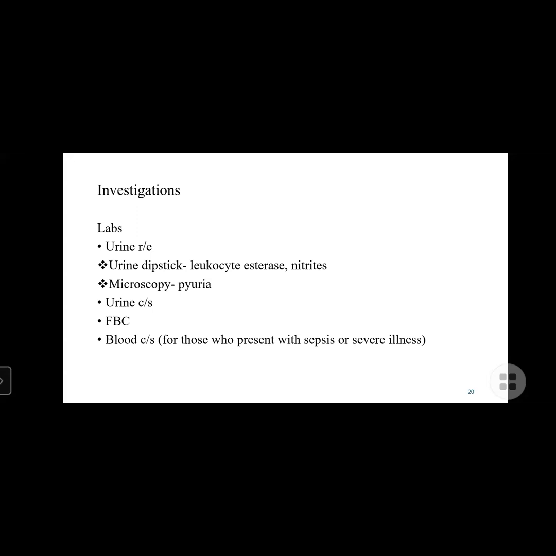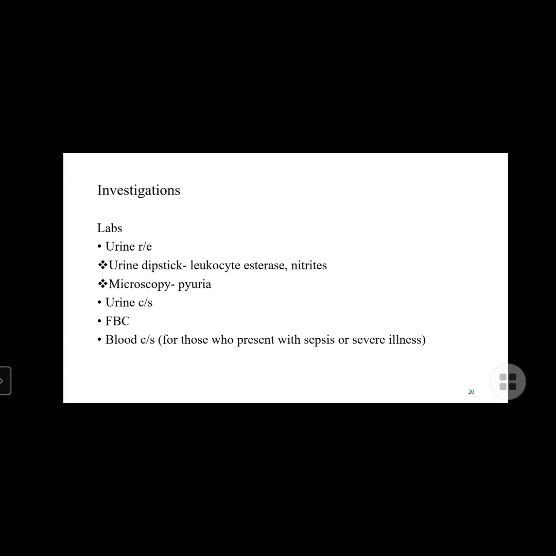The leukocyte esterase is usually a marker to help screen for pyuria. It is an enzyme produced when there is breakdown of white blood cells. So when you do a urine dipstick test and the leukocyte esterase is positive, it indicates that there's pyuria.